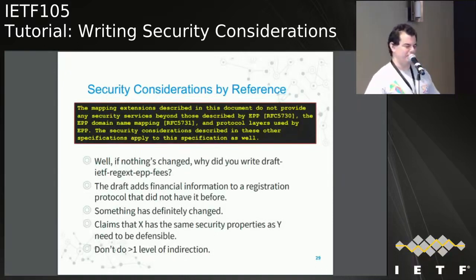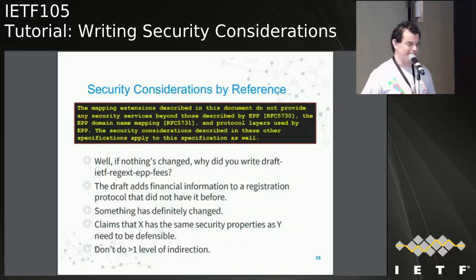Okay, EPP is the Extensible Provisioning Protocol, obviously extensible because here we are extending it. And the extension is about sending financial information. I mean, this customer has already paid so many dollars, and we've already provided so much service, so their balance is so many dollars.